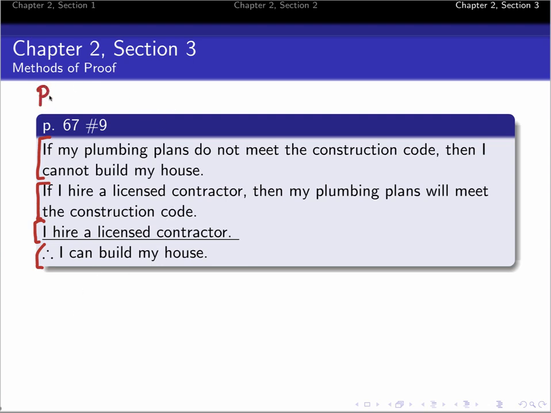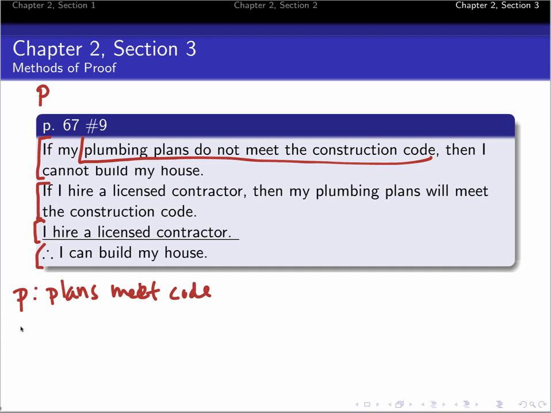So if I have P is plumbing plans do not meet construction code, that would actually be not P. So let's start this out. P is plans meet code. And then Q is build house.